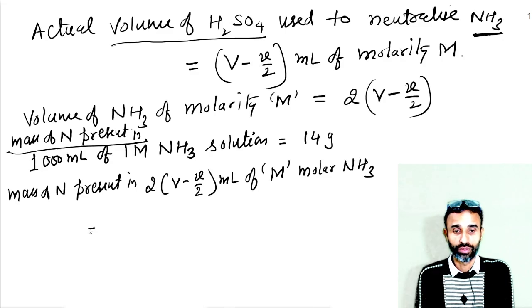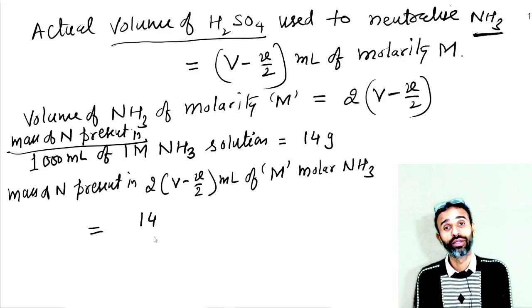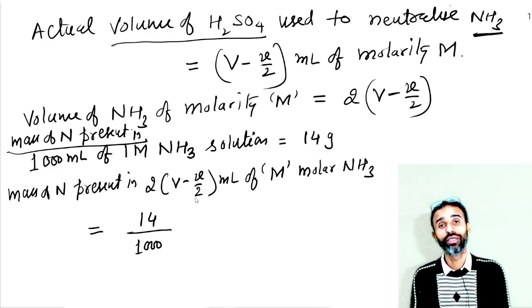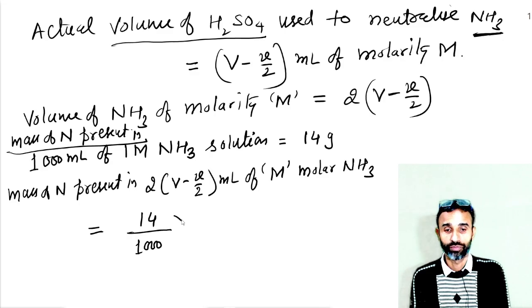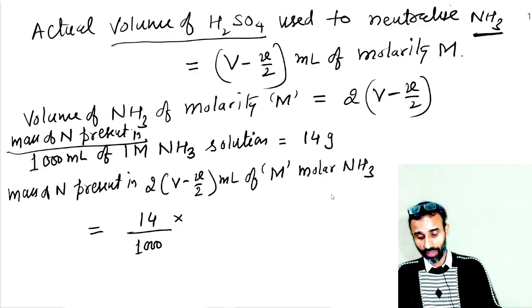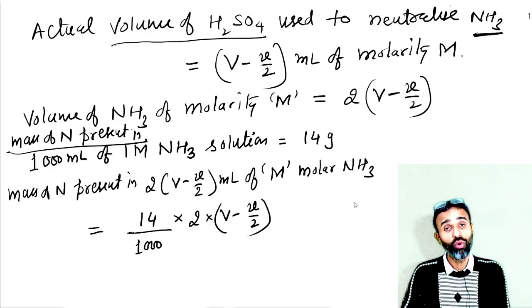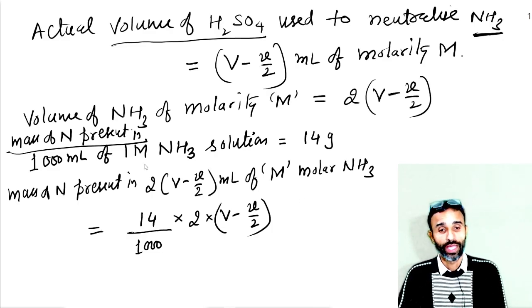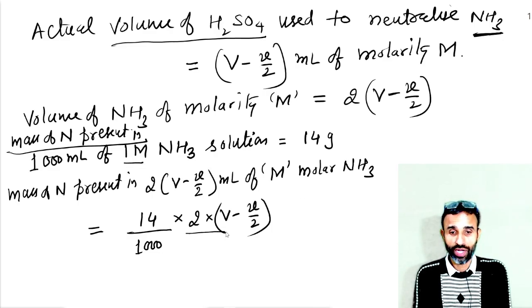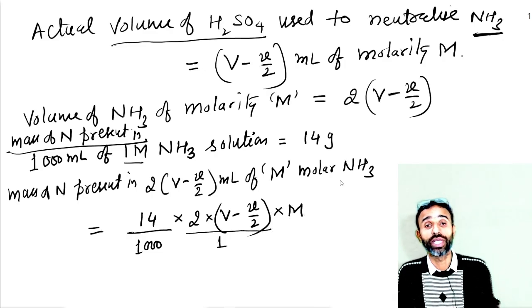So it is equal to 14 divided by 1000. See, 1000 ml has 14 gram. So 2 into V minus V by 2 ml gives 14 upon 1000 into 2 into V minus V by 2, and here 1 molar divided by 1 into capital M, because now it is M molar.